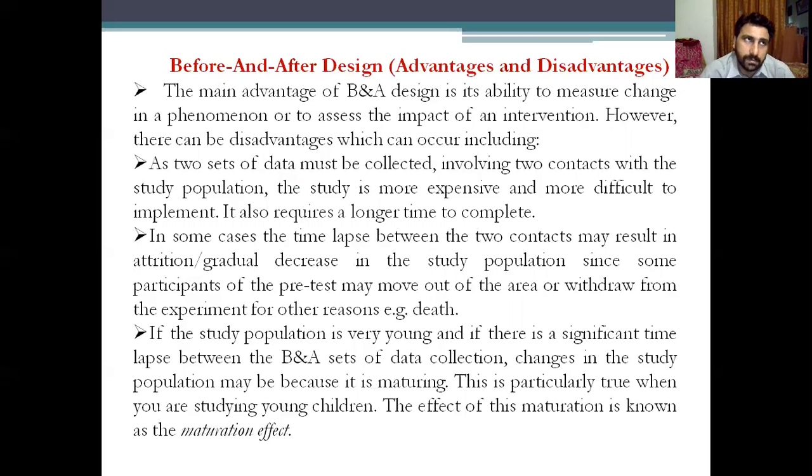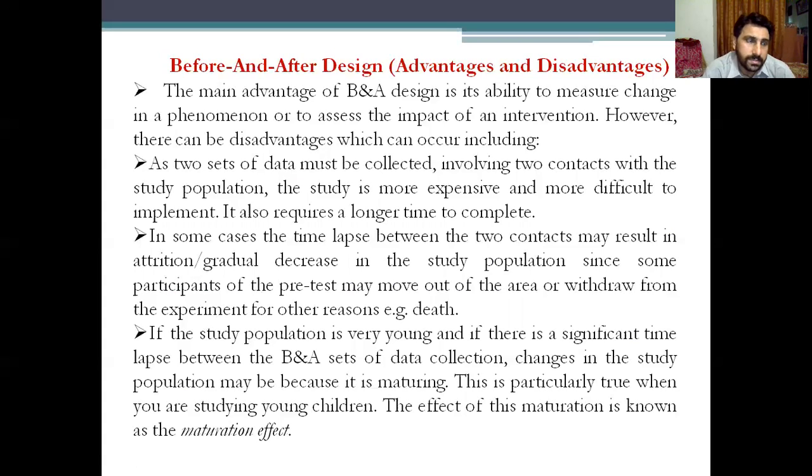Like you have contacted a study population for one period of time, and after, let's say, 2 years or 10 years or 1 year, you contact them again, then there is the chance that you might notice a gradual decrease in the study population, because some of the study participants move out of the study area, or they withdraw from the experiment for other reasons.